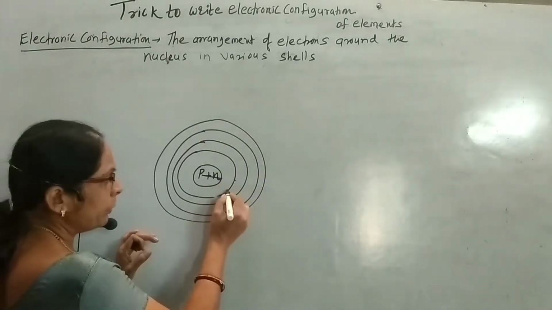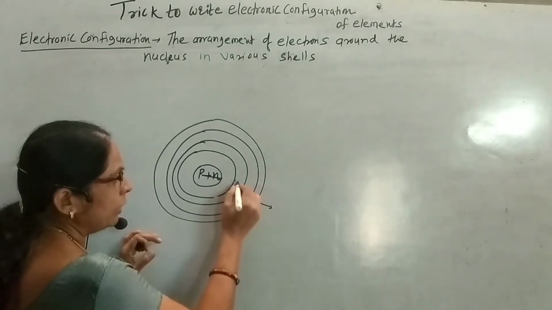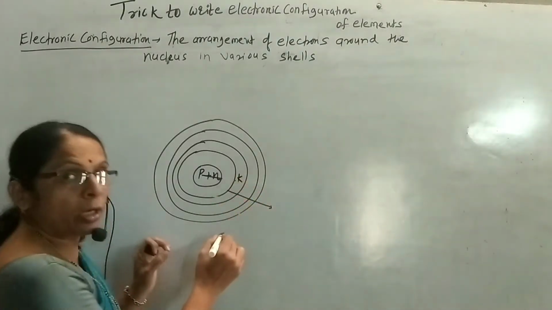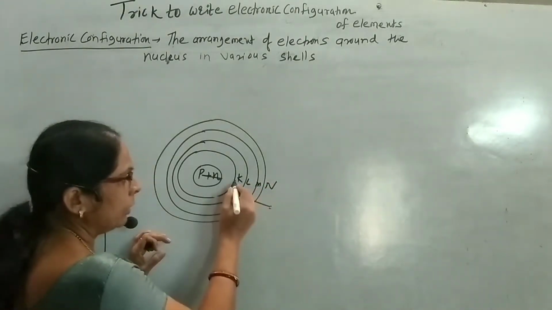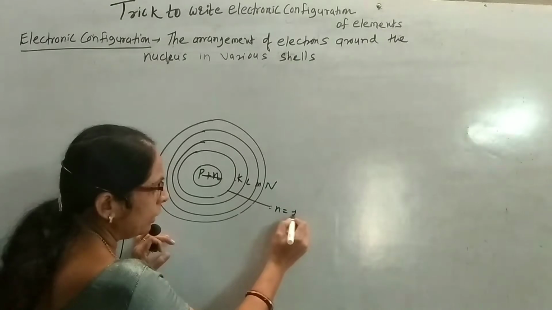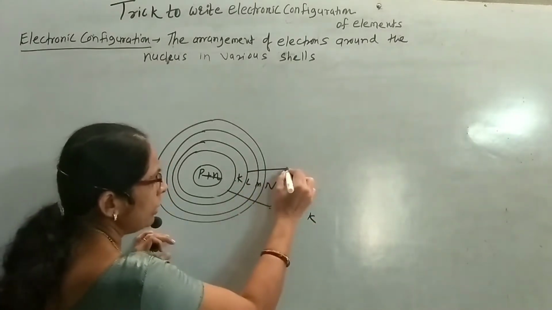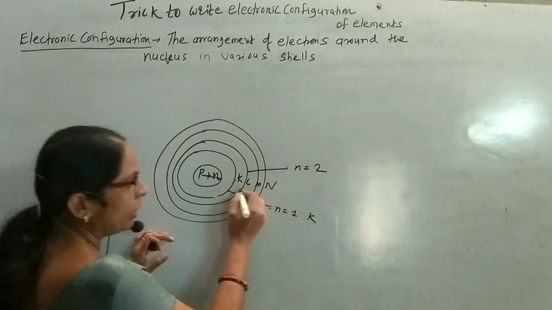These energy levels are denoted as K, L, M and N. When n is equal to 1, it is the K shell. When n is equal to 2, it is the L shell.